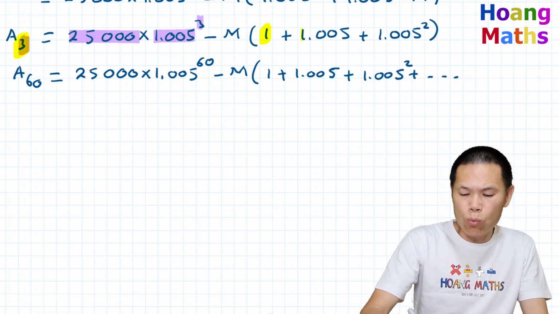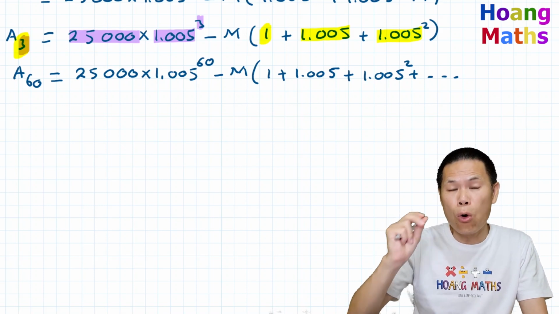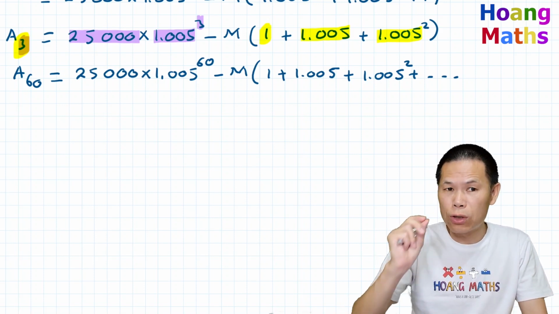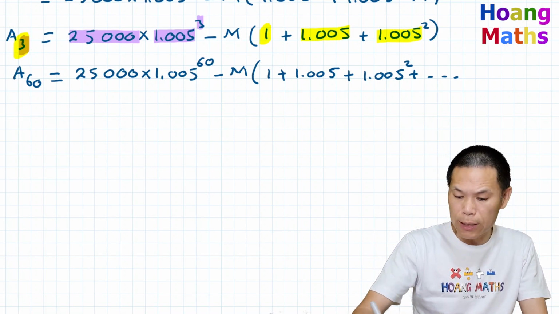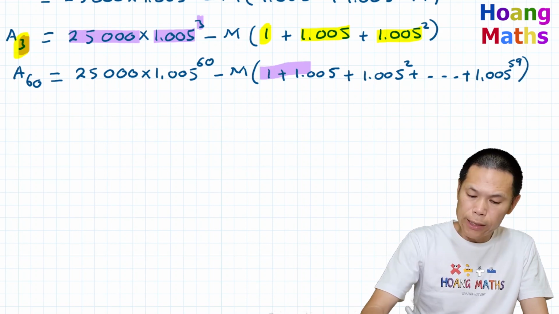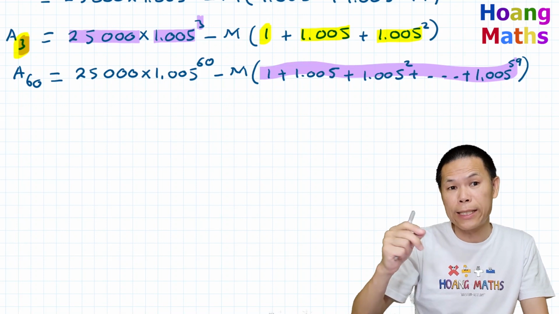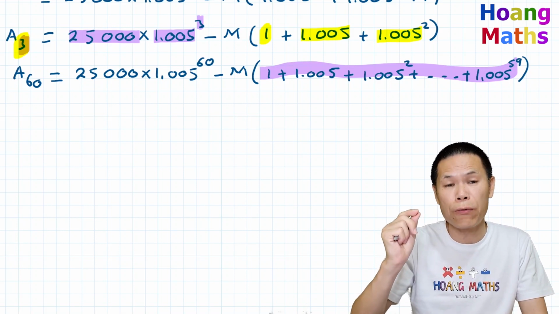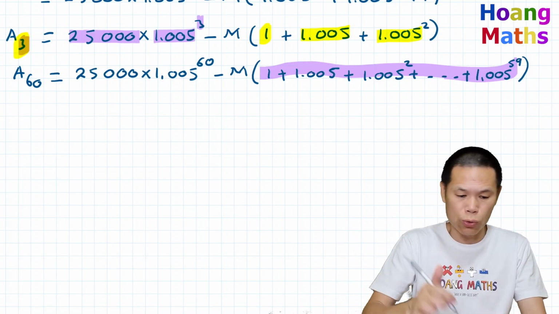So for A60, it should be all the way to 1.005 power of 59, one less, so remember that. So we add 1.005 power 59. And this is a geometric series with 60 terms, because 1 is exactly the same as 1.005 power 0. So from 0 to 59, it's 60 terms altogether, okay?